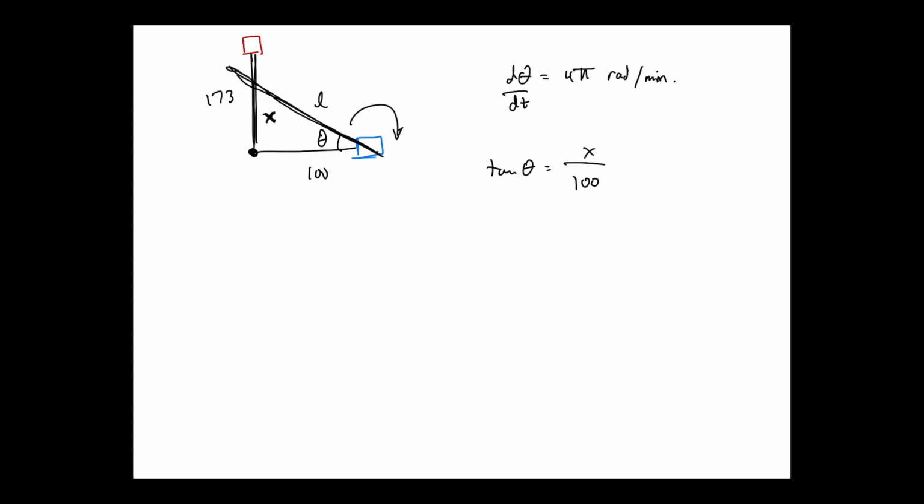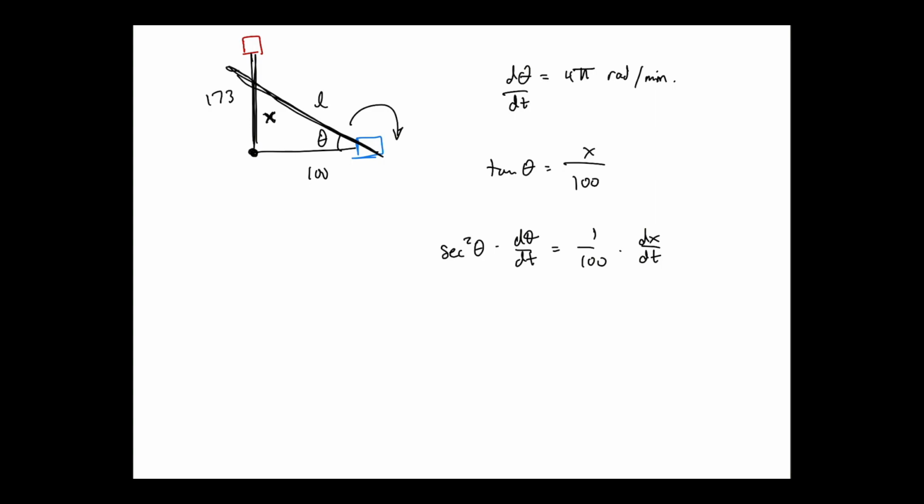Okay? All right, now we want to differentiate. So what's the derivative of tangent? Secant squared theta times d theta dt. Okay, why is the d theta dt there? Because of the chain rule.